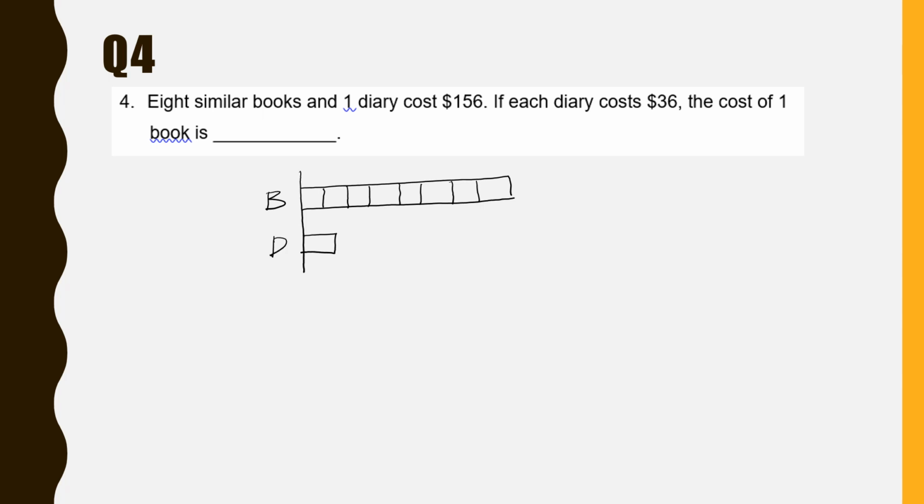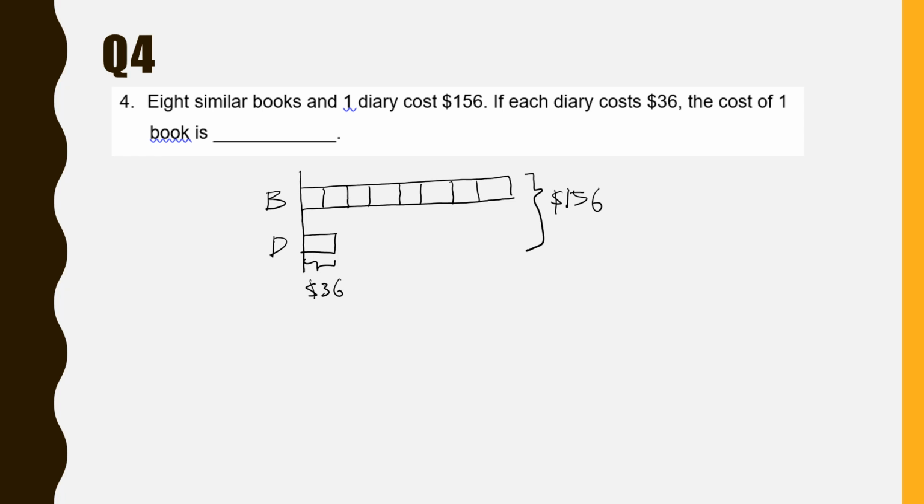Now, this is a given total of $156. The diary costs $36. And they ask you to find the book.